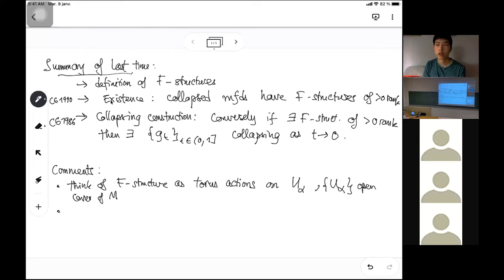Next, we talked about orbits of the F structure, and you can think of those orbits as being the orbits of the torus actions. When I write F orbits, I mean orbits of the F structure.